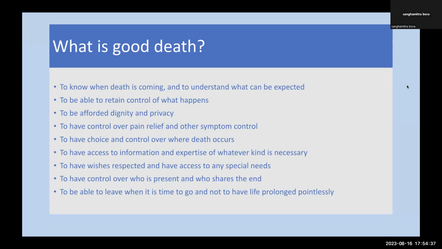That is extremely important. To be able to leave when it is time to go and not to have life prolonged pointlessly.